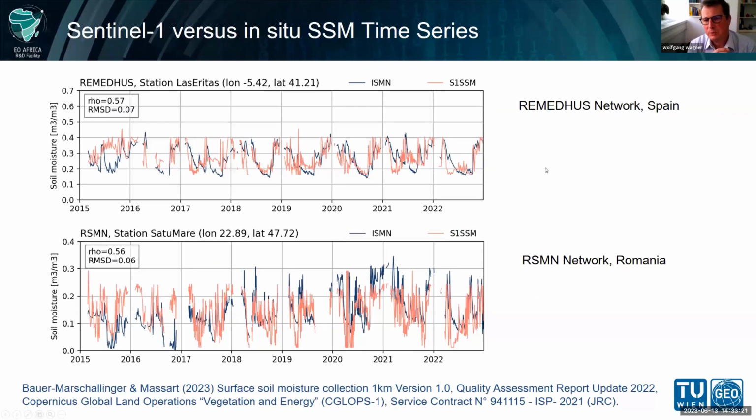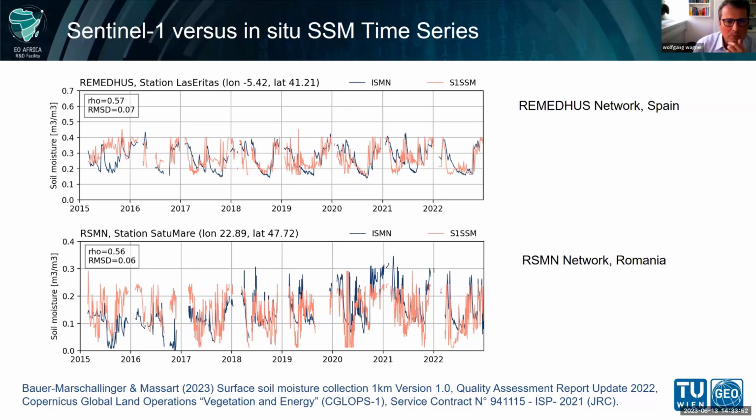Of course, with these products, we do regular validation exercises, and the validation is more or less using the same approaches as we have developed for coarser resolution satellite data, like SMAP, SMOS, and ASCAT. So it's essentially a time series comparison where you calculate standard metrics like correlation coefficient or root mean square error, or more complex measures like triple collocation errors.